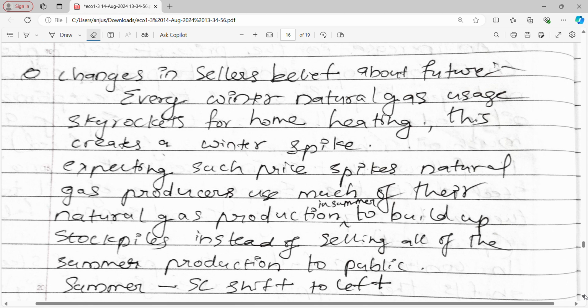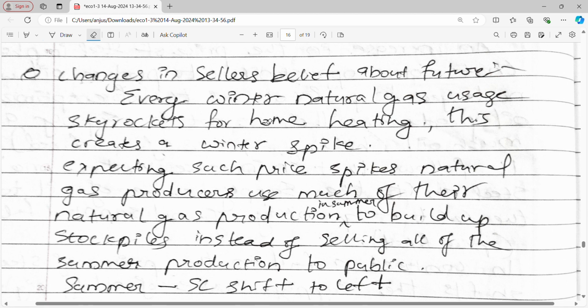Expecting such price spikes, natural gas producers store vast quantities during the summer, because selling in summer is not profitable. Selling in winter is profitable because natural gas prices skyrocket in the winter. That is, they build up stockpiles in the summer instead of selling them to the public.